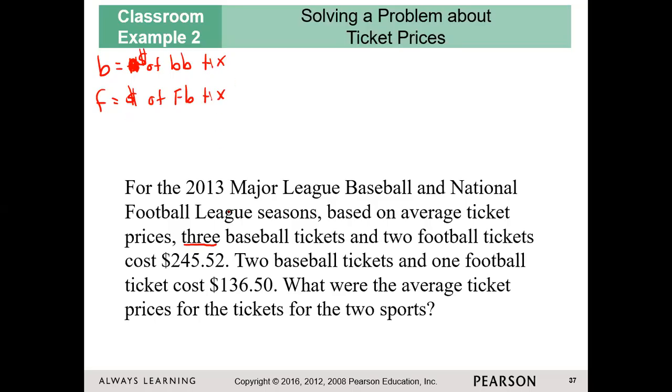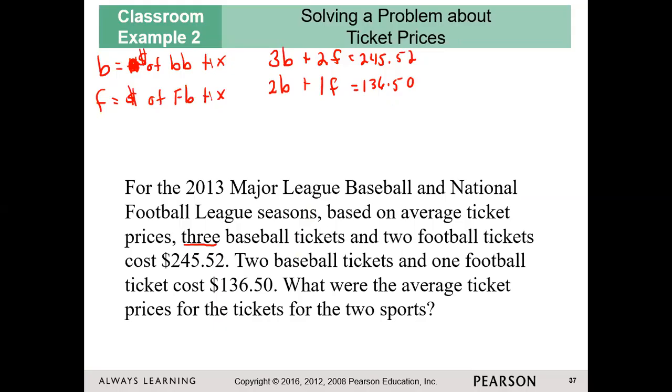And it says 3 baseball tickets plus 2 football tickets is equal to $245.52. And then you have this other sentence here that says 2 baseball tickets plus 1 football ticket is equal to $136.50.